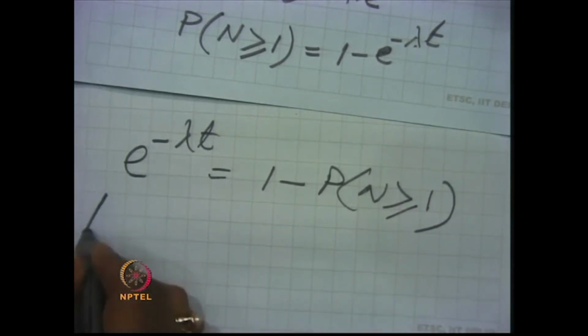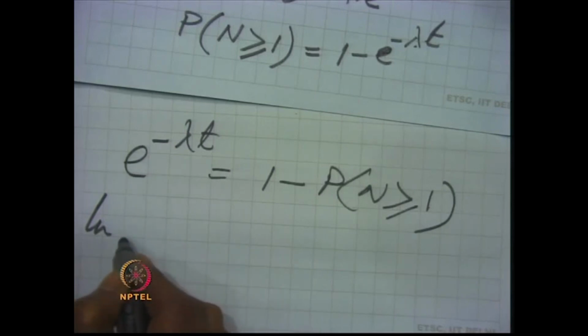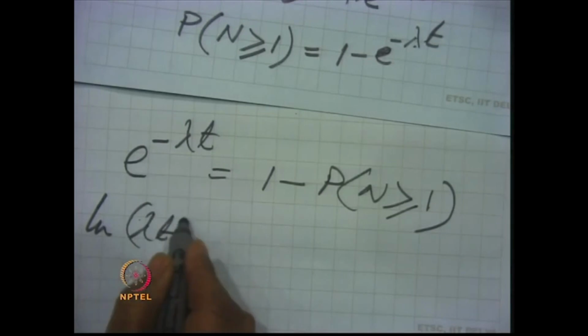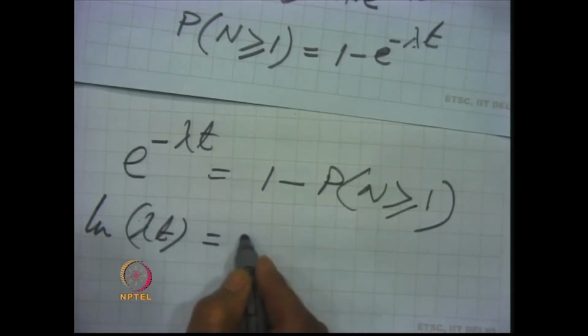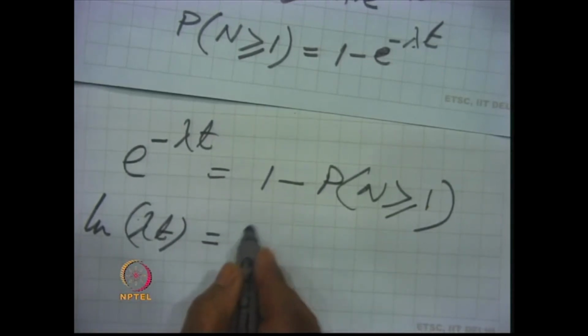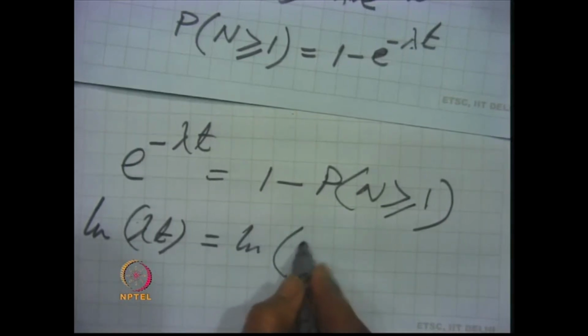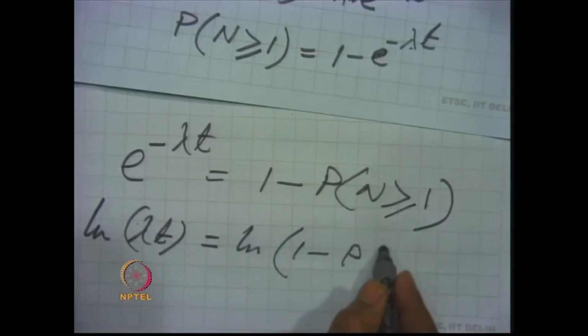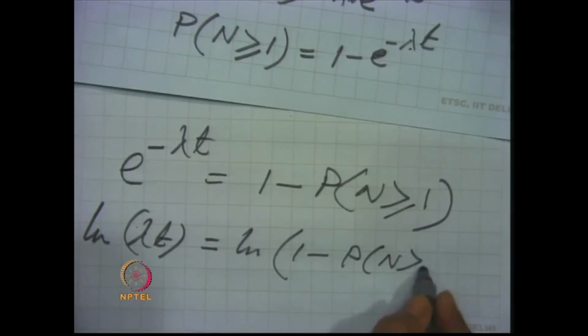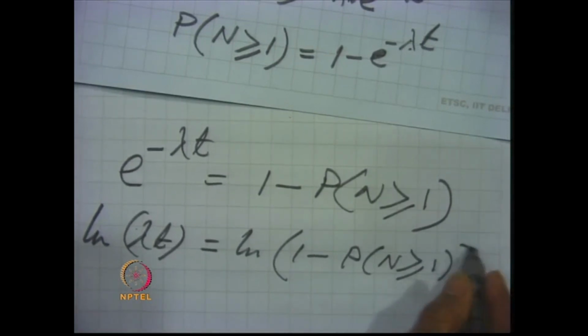So ln of e to the power minus lambda t will be equal to ln of 1 minus P(N greater than or equal to 1).